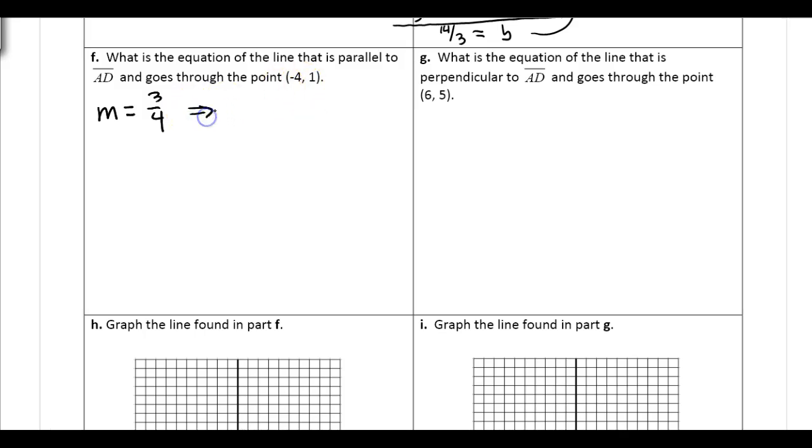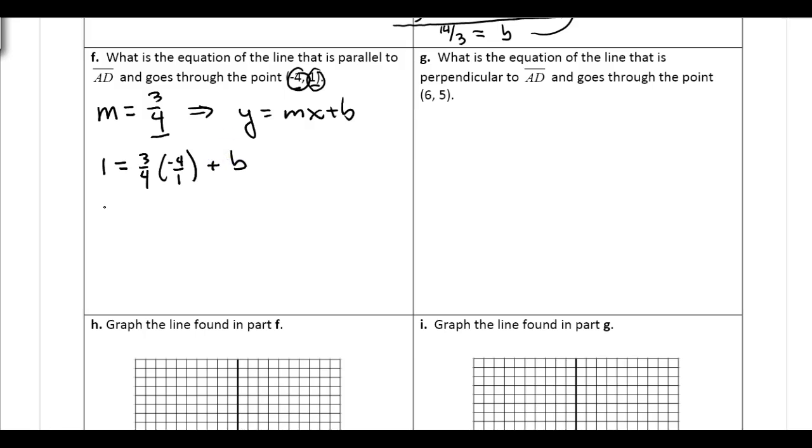So now we can substitute in for y, we can substitute in for x, we can substitute in for the slope in y equals mx plus b. So my y value is 1. So I have 1 is equal to, my slope is 3/4. My x value is -4, so I'm going to make that -4 over 1 just because I like to have fractions when I have other fractions, plus b, and then we'll start to simplify.